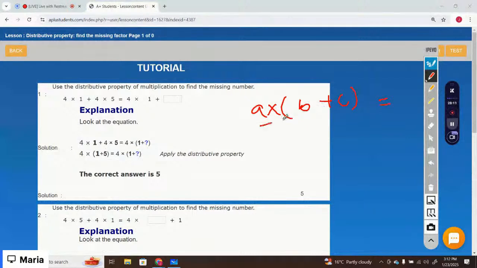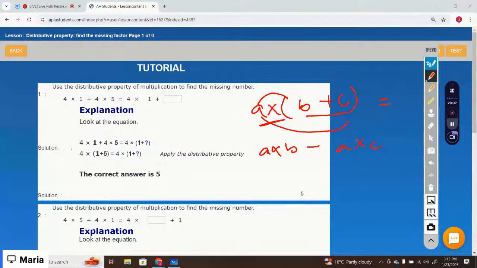It would be like this: a number that is multiplying to a group, and there is some number that is adding or subtracting in the group. You can write it as a times b minus a times c. That is the distributive property, right?